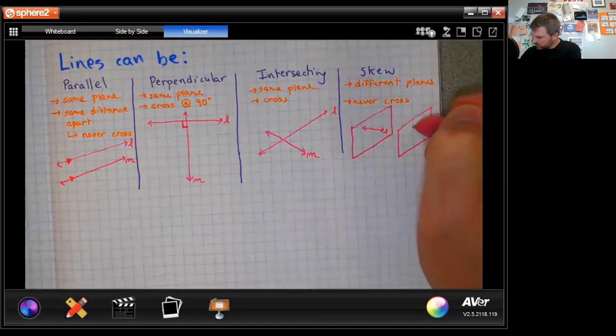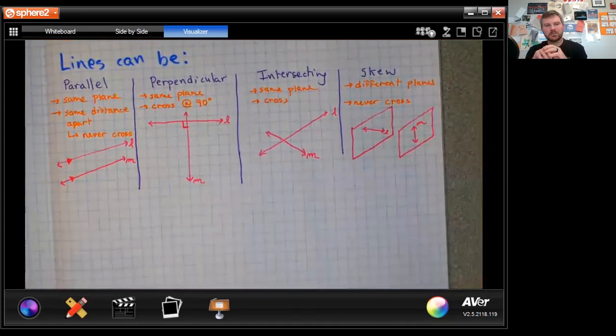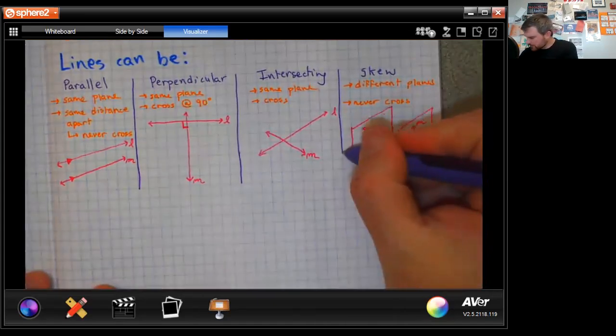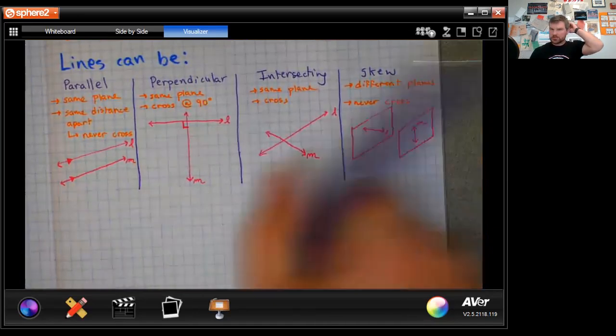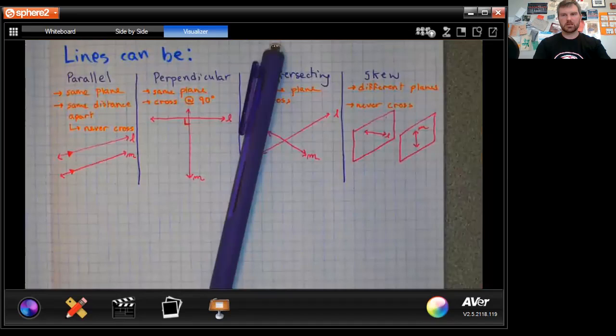And I'm going to put line M. Okay, now these can be kind of hard to visualize. So let's take a look here. Just take a look around the room that you are in, okay? So if we look at the room you're in right now, and let's see here.